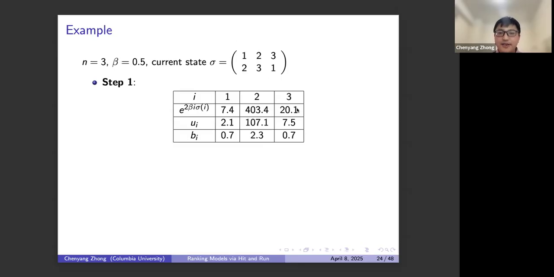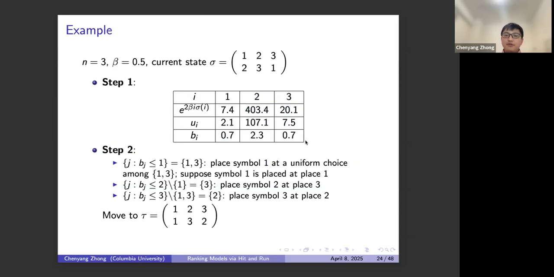So the endpoints are listed here, and we draw each U_i from the uniform distribution on 0 to the right endpoint, and suppose that the U_i are drawn as this. And we can compute B_i based on the earlier formula. And our task for now is to pick a permutation tau at random such that each tau_i is greater than or equal to B_i.